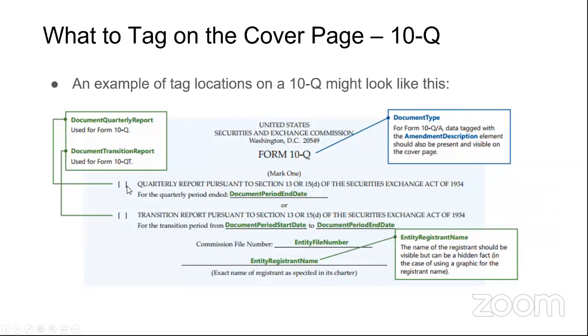They would have to be filled in as Unicode checkboxes. But these would be the elements quarterly report and transition report. You can see we have our entity registrant name that would appear there. You would actually type the value in and tag it using the actual value entity registrant name. And the file number will be the same way.